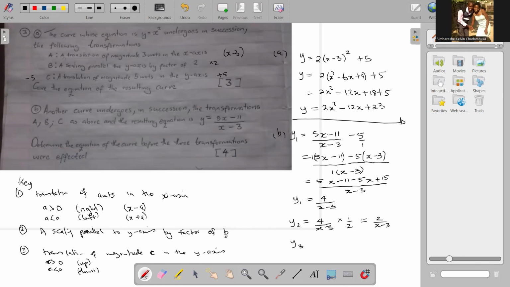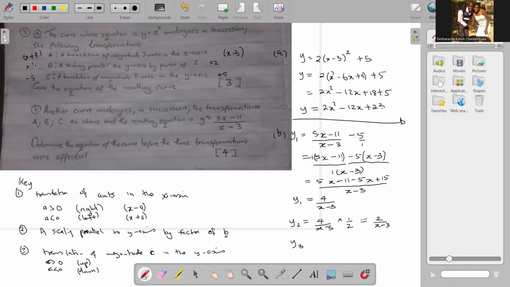Then our y3 will represent the original equation where we started from. Here we have shifted our graph 3 units to the right. So to go to the original, we have to do the opposite. We have to move 3 units to the left, meaning we are going to substitute x plus 3 wherever there is x.